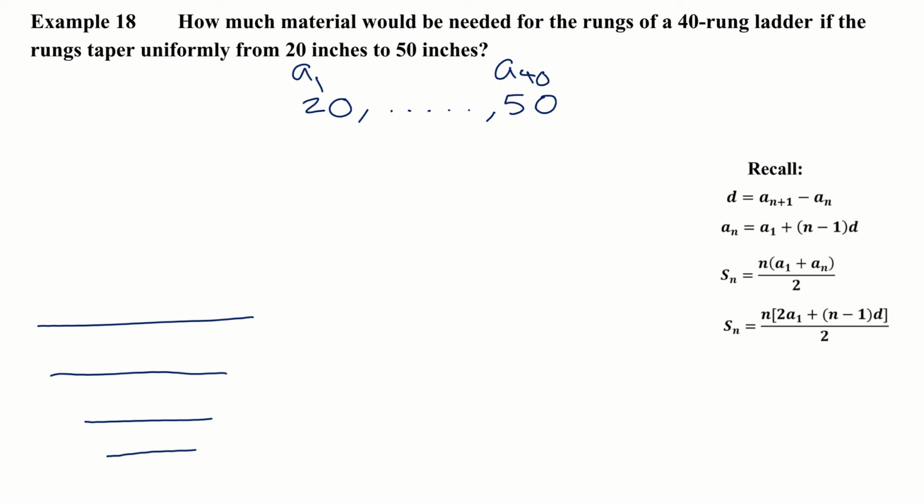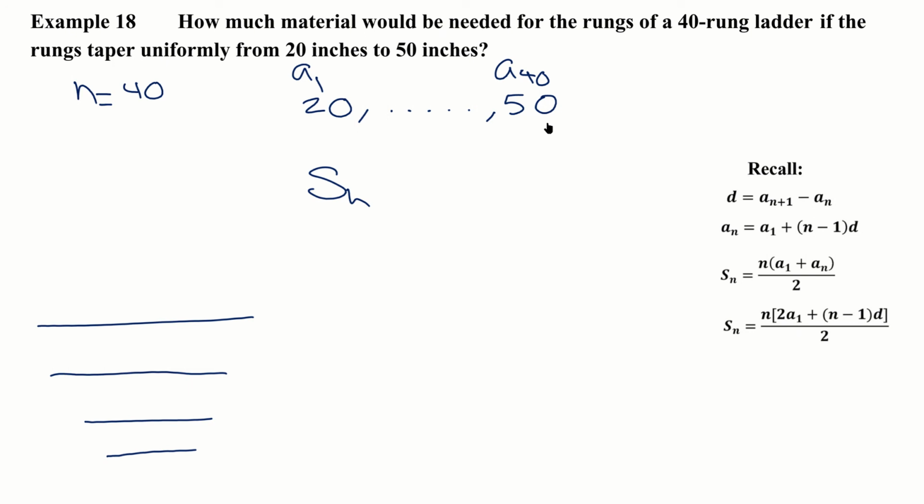Because it's a 40-rung ladder, right? And n, of course, is going to be 40. And that's all we need to know. So the sum of these lengths is just going to be the sum of the first 40 terms of this sequence, or all the terms of that sequence. It's a finite sequence, right?